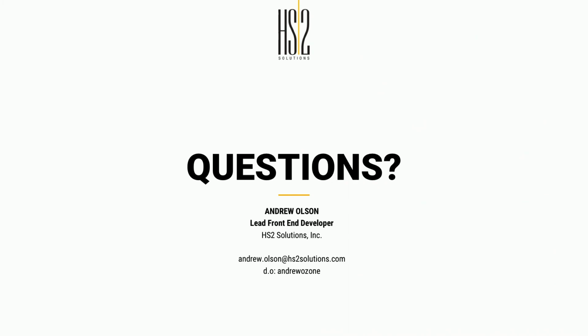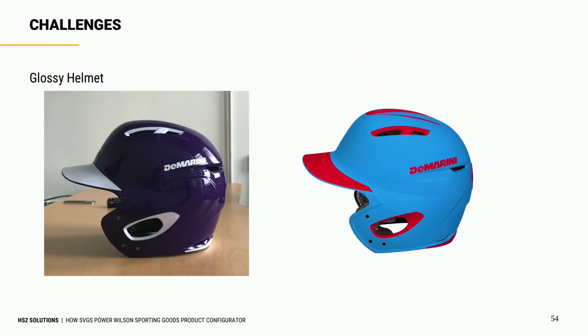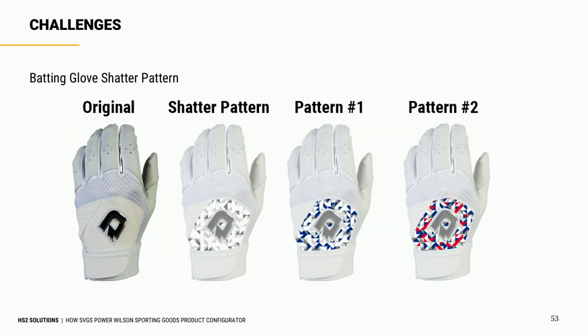So back to that DeMarini shatter pattern. That also is on the 3,000 by 3,000, placed exactly where it needs to be. Same with the buttons too. The buttons aren't just a small file, they're on a 3,000 by 3,000 canvas. So we base everything off of that.